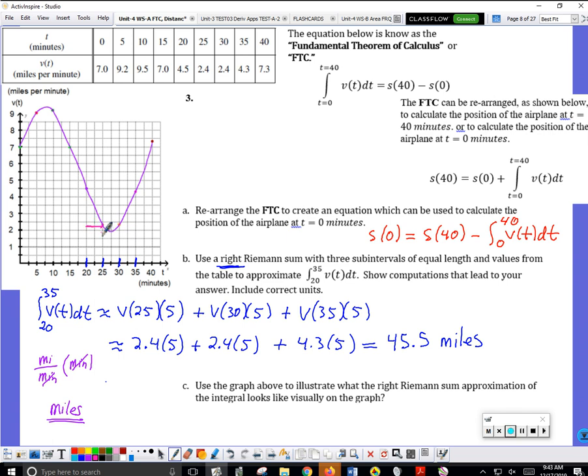So we're basically taking this value, 2.4, and multiplying by 5. So we're finding this area. If we had been able to do the integral with a dt that is infinitesimal, we would have found the green area. Instead, we found the pink area. So our estimate for this first subinterval is definitely too low.